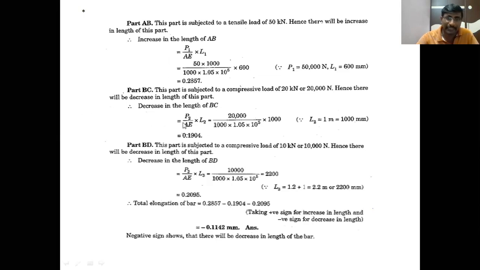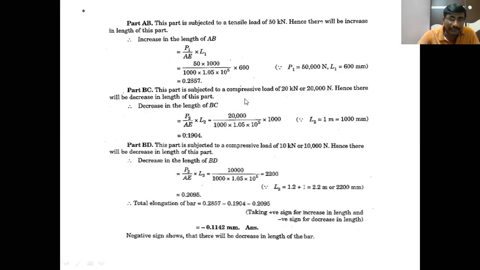PL by AE. So applying PL by AE to the second section, P becomes P2 and L becomes L2. AE is the same as that of the first part. That is P2 into L2 by AE. P2 is the 20 kilonewtons applied on the second part, a 20 kilonewtons compression.